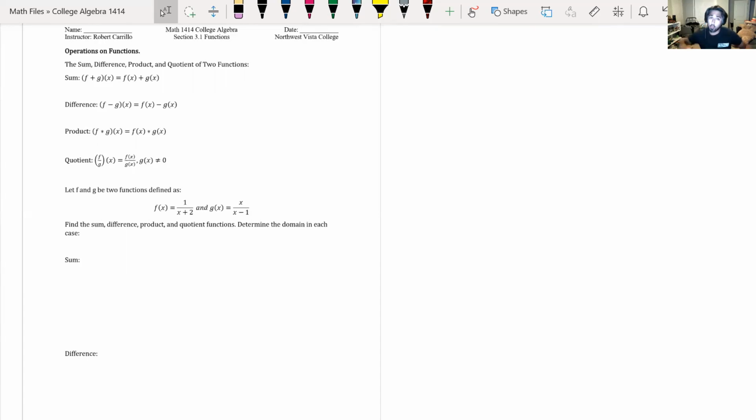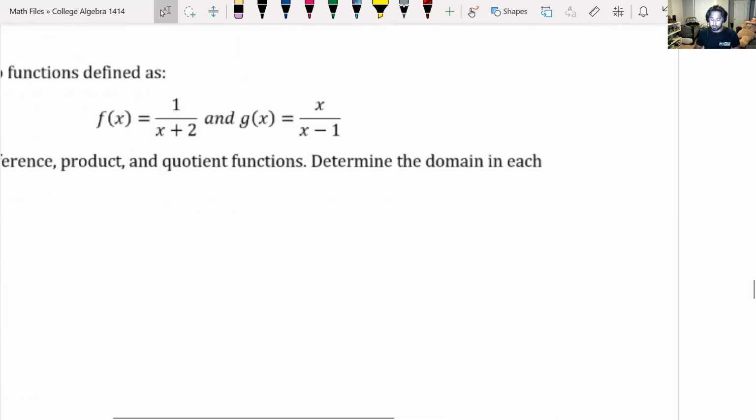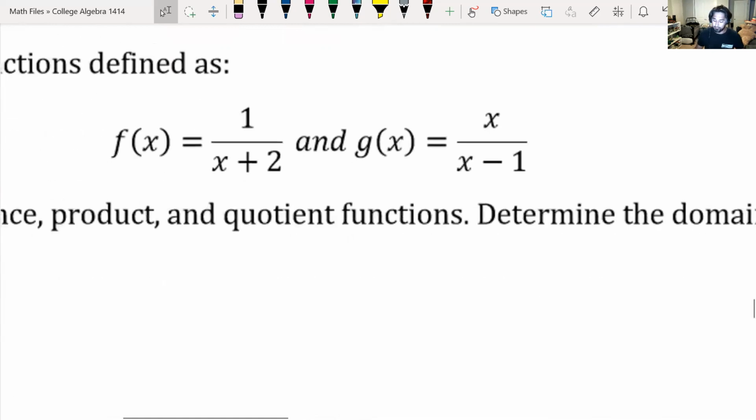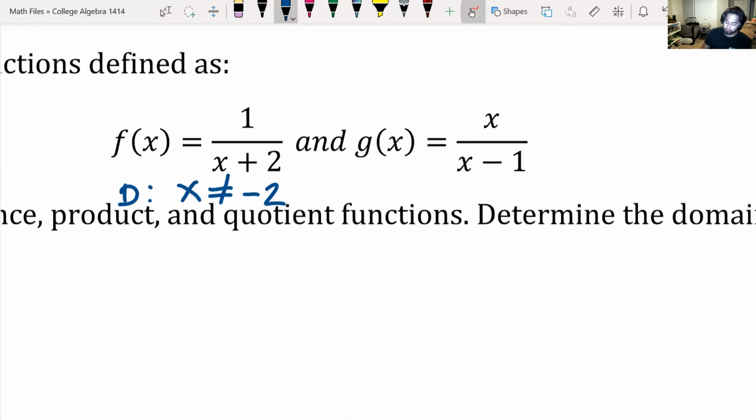So it wants us to do the operation and find the domain, but before we start, we should actually find the domain of both functions first. So let's look at f and g. And they're both rational functions. So this means that the domain of f is going to be x can't equal -2, and the domain of g is going to be x can't equal 1.